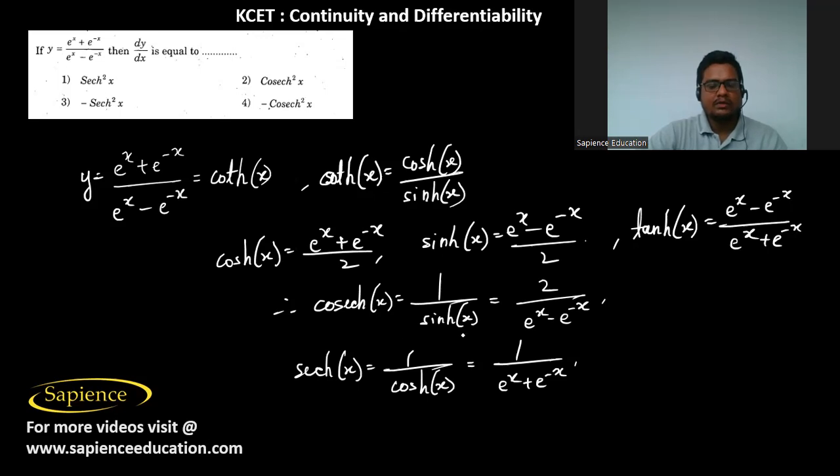So now we have to find dy by dx. So d by dx of y, which is e power x plus e power minus x divided by e power x minus e power minus x. We have to apply the quotient rule of differentiation.